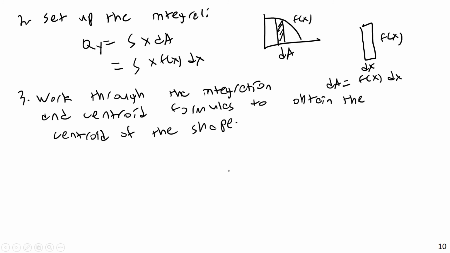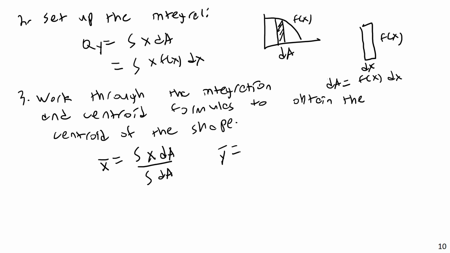And that's the basic idea, and we will look at some examples in part 2 of this lecture. So again, x bar, the average location of the area in the x direction, will be equal to, let's see, qy, which is the integral of x dA, divided by the integral of dA, or just divided by the area.